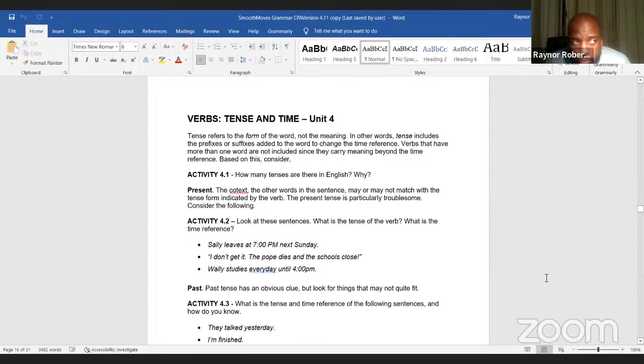And we should do it via reading opportunities that we give students, or even listening opportunities. But having a full-fledged grammar lesson that's 50 minutes long, that probably is not going to be understandable or compelling for the learner. All right. What about Wiley studies every day until 4 p.m.?